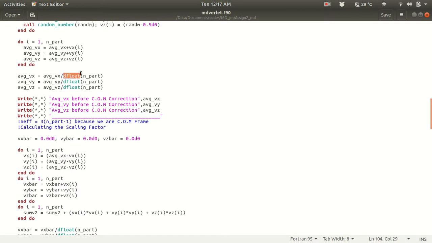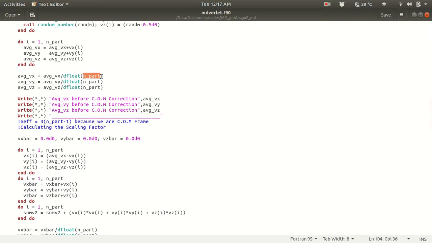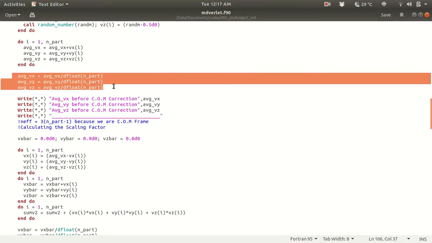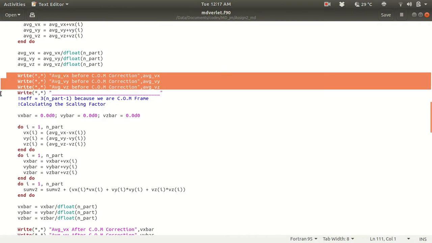I have used dble here. dble is basically to make npart a real*8 quantity, because npart, as I defined here, is an integer, the number of particles. We have to make it real, because otherwise integer division will give some error in rounding off. So that's why I make it real before dividing. Similarly I have calculated the average Vx, Vy and Vz, and then I print the average values of Vx, Vy and Vz.